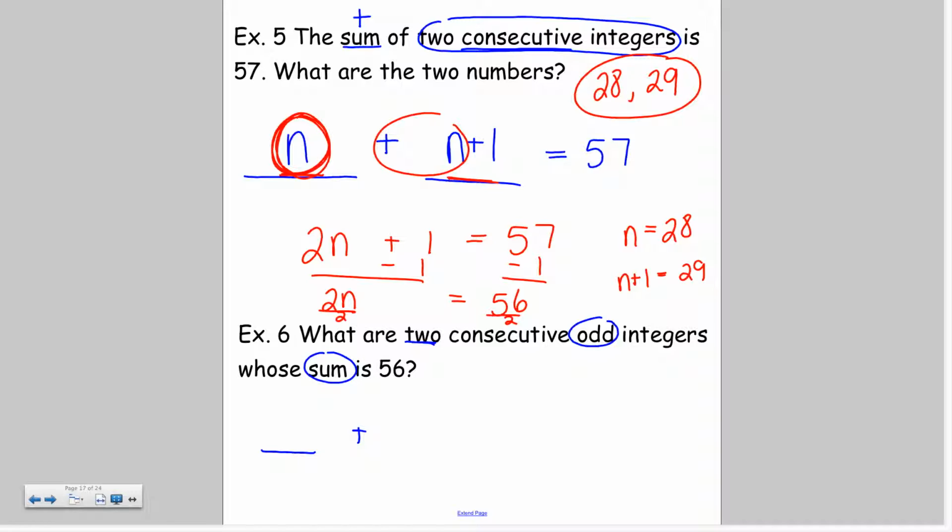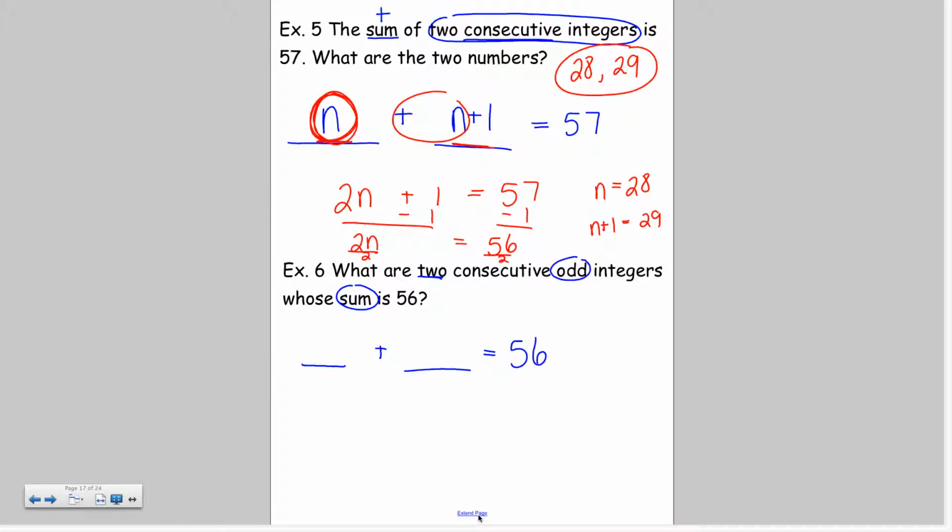So we're going to add 2 numbers. Those 2 numbers, when we add them up, is supposed to be 56. They are consecutive, so they must be in a row. For example, if we're talking about odd numbers, that could be 21 plus 23, or 35 plus 37, but they have to be 2 odd numbers in a row.